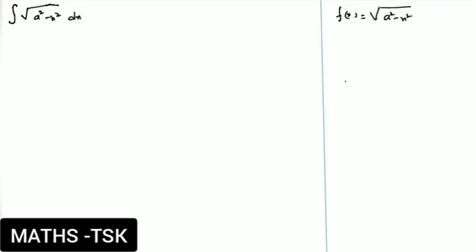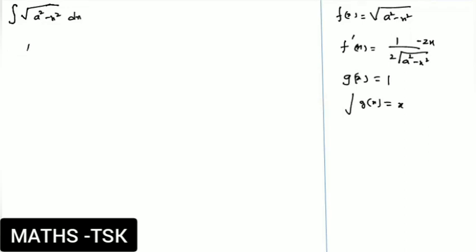The next function is not there, so I consider it as 1. Its derivative f dash of x is 1 by 2 into root of a square minus x square into minus 2x. Integration of g of x dx is x.